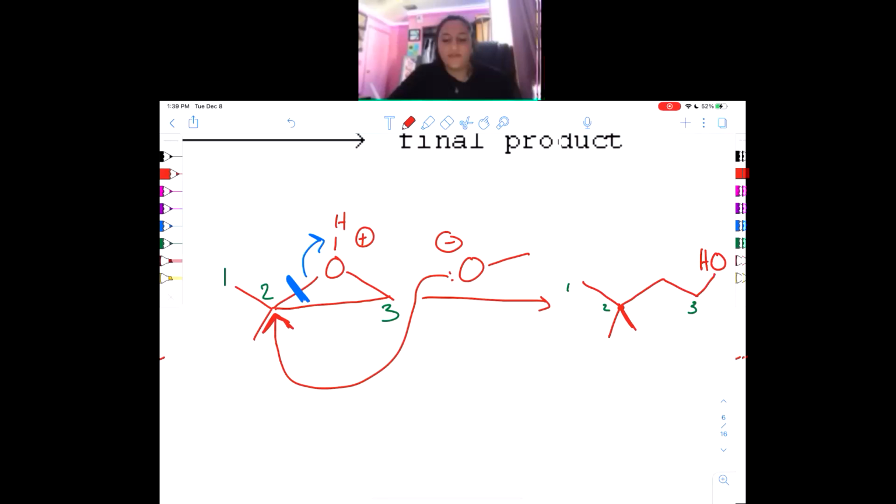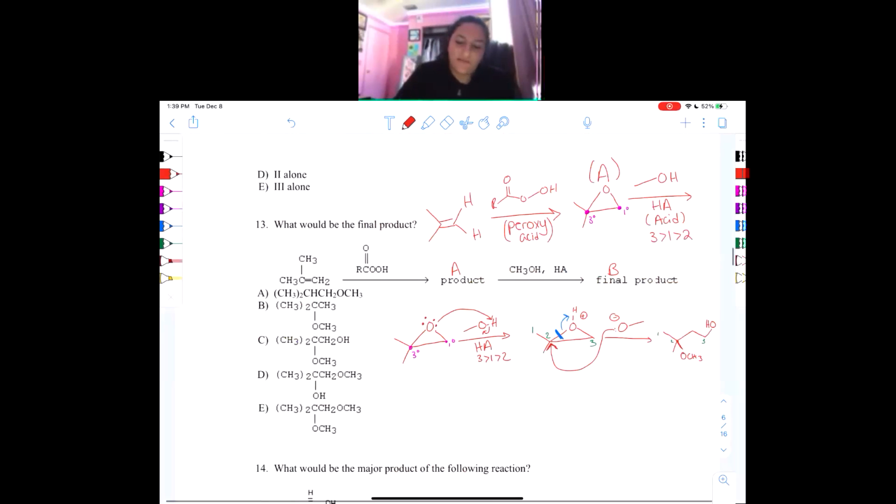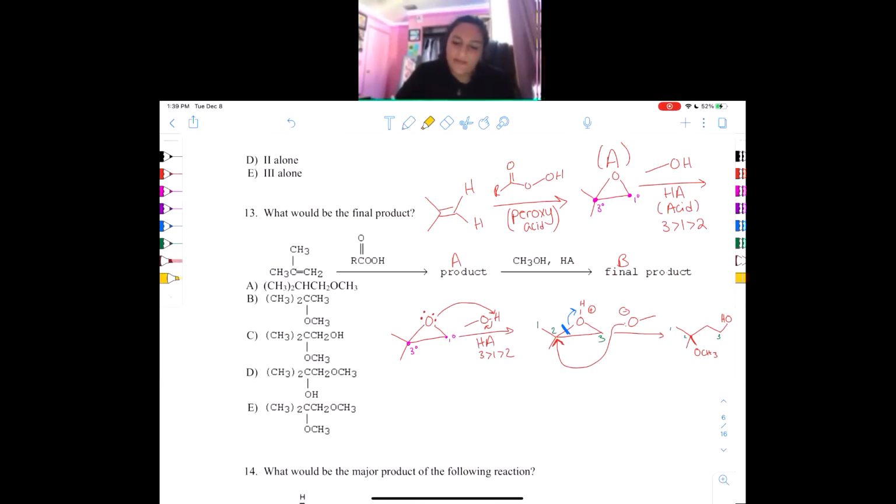Exactly, the alkoxide, aka OCH3, aka our nucleophile.